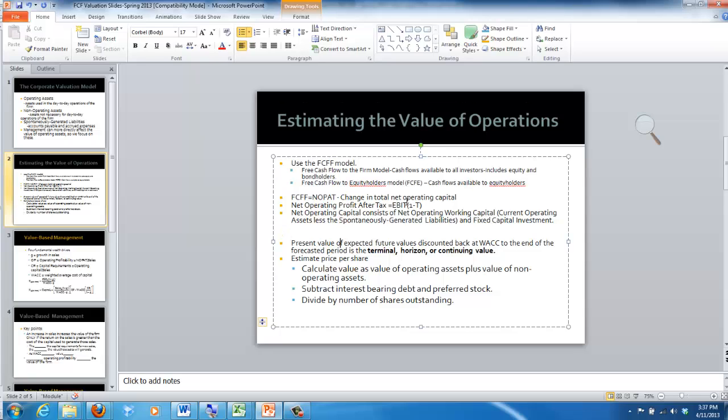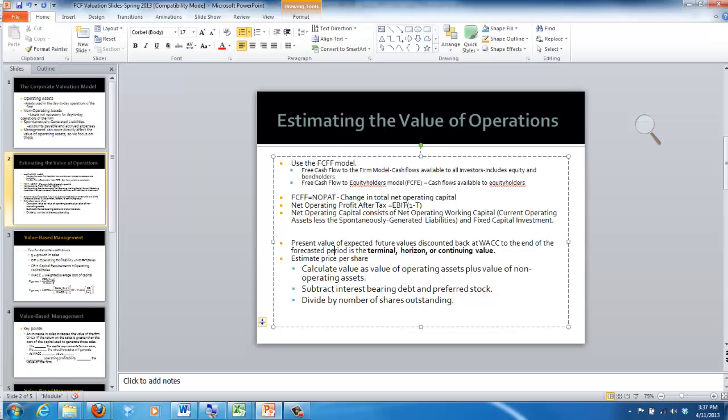So what we find to get the value of operations is the present value of the expected future values discounted back at the weighted average cost of capital. To do that, we calculate the free cash flows for the future periods, and then after a non-constant growth area, and you can also have a constant growth model for this, but we're going to work it using a non-constant growth model.